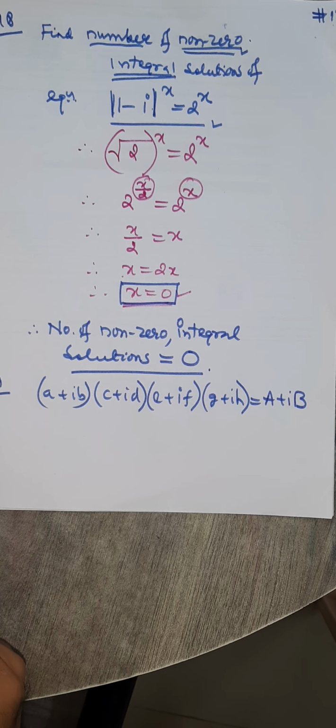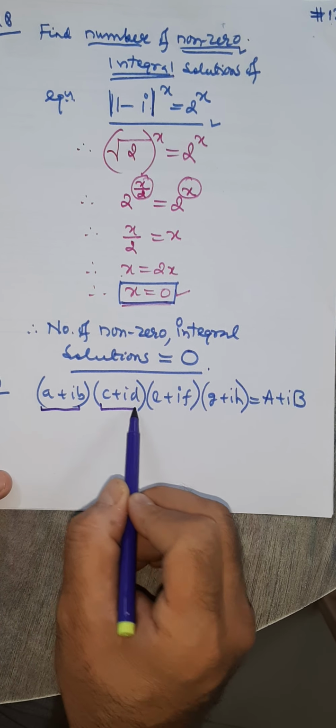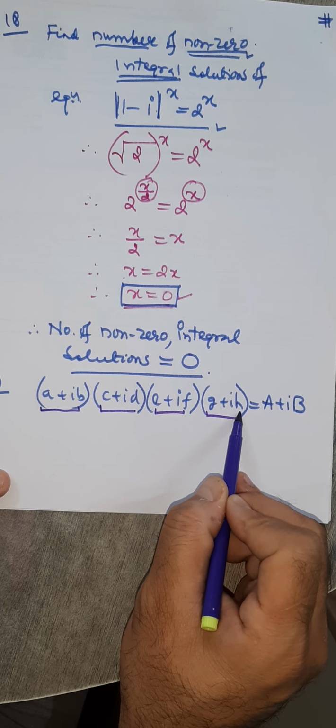The right hand side is also one complex number. Now if you look at the required expression, you will immediately realize that it is the magnitude of this, this, this, and this.